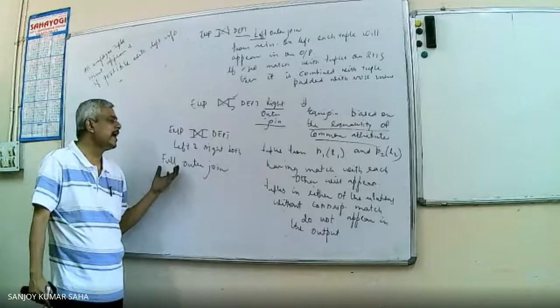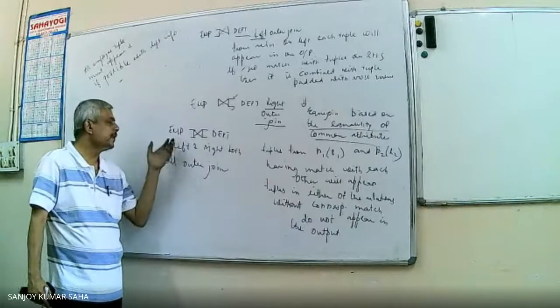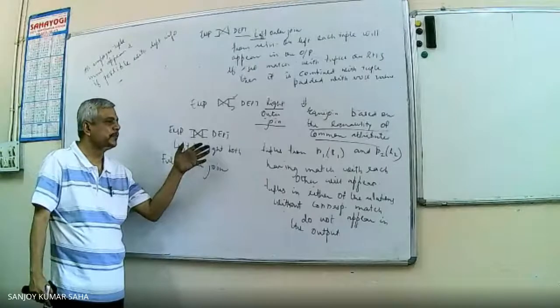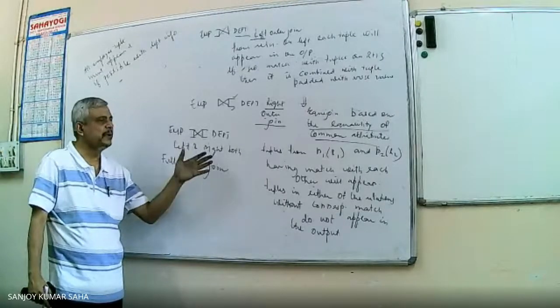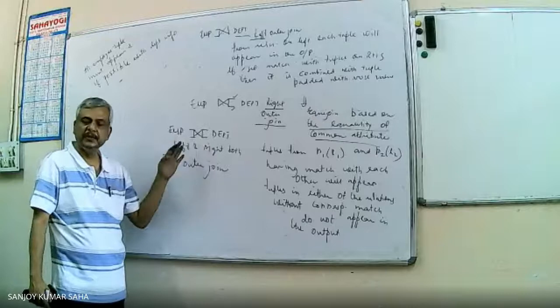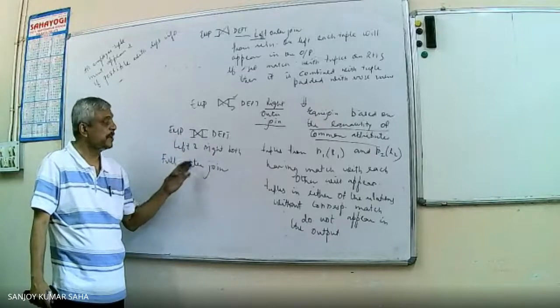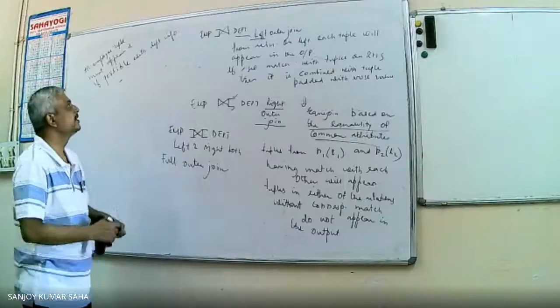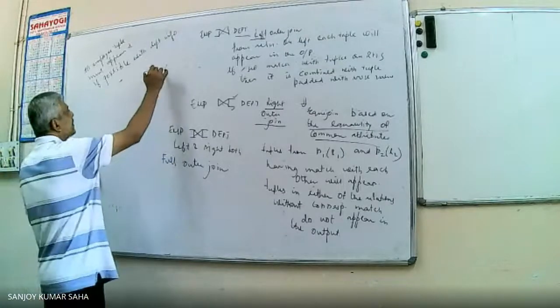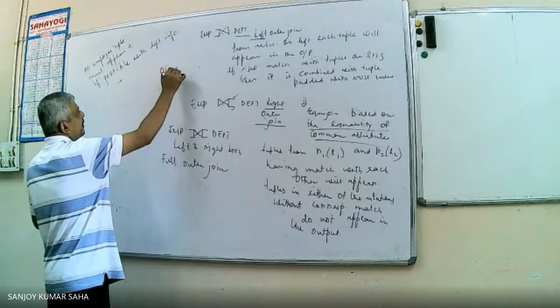If we don't have a match for any of the tuples in either relation, they will be forcibly matched with null tuples and will appear in the output. That is ensured. So we have discussed outer join.